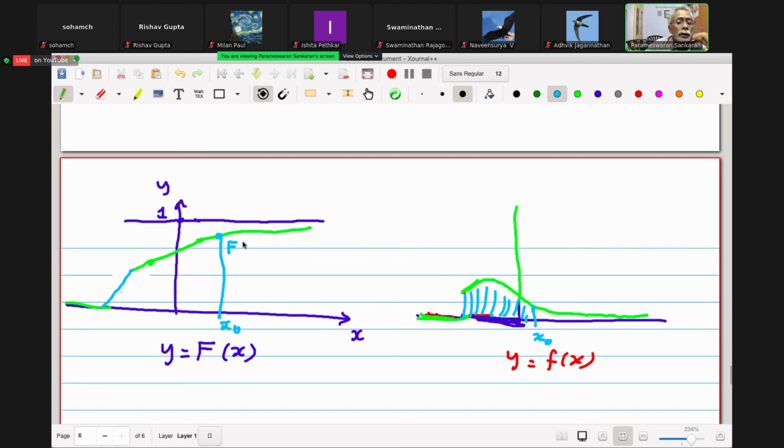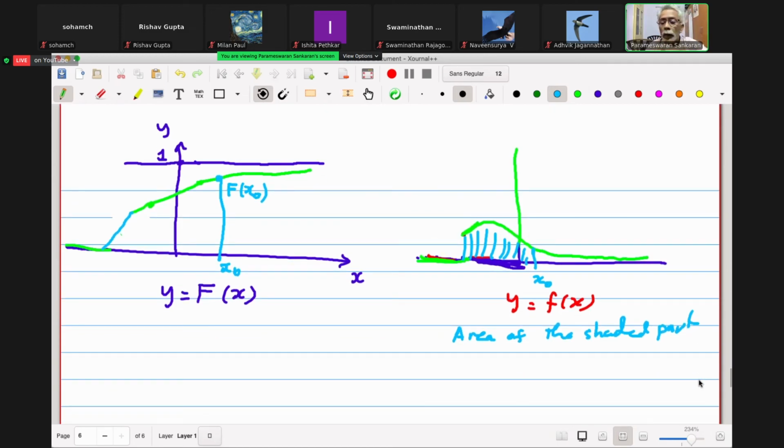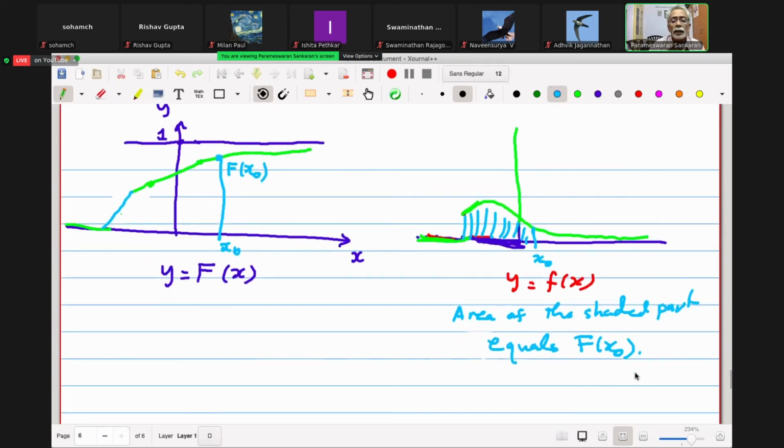So F of x naught is equal to the area of the shaded portion. So this is a relation between these.